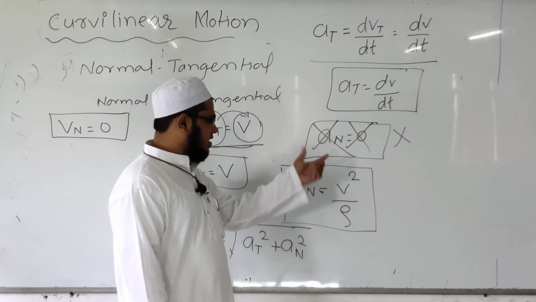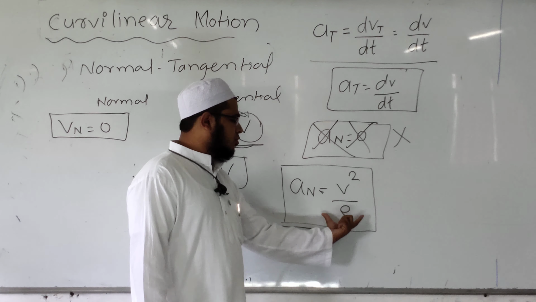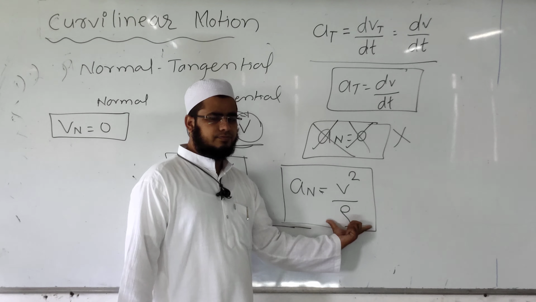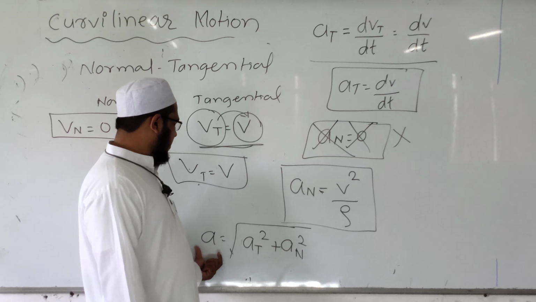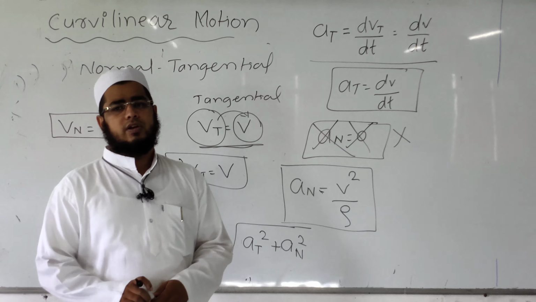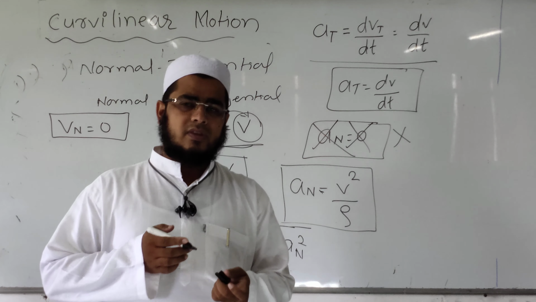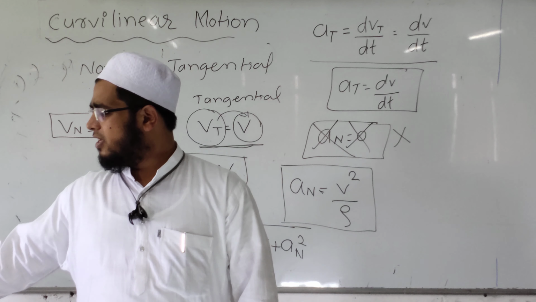And an, the normal component of acceleration, is v square by rho. If I require the total acceleration, then total acceleration equals the square root of at square plus an square. This is where the normal and tangential coordinate system is required.